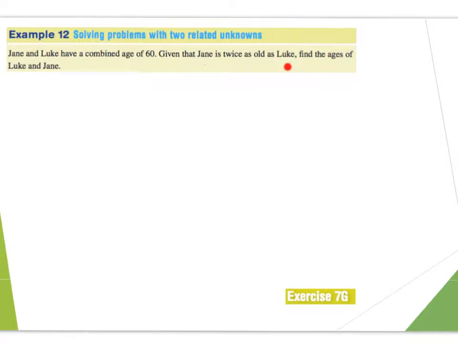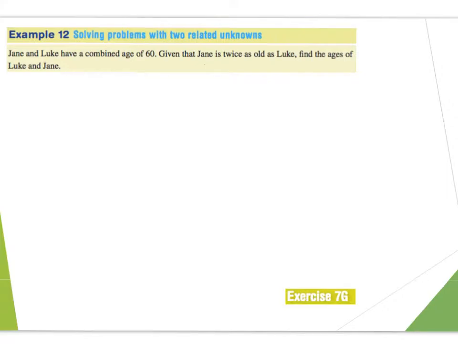Now big hint is that we always make the smallest one or the youngest one the unknown value. Otherwise we have to work with fractions. So just take my word for it, learn and be thankful later.